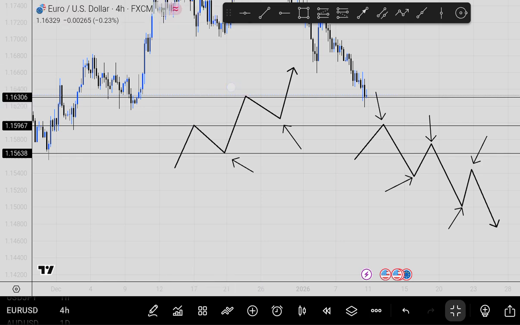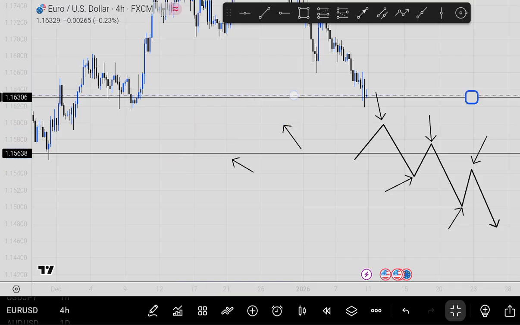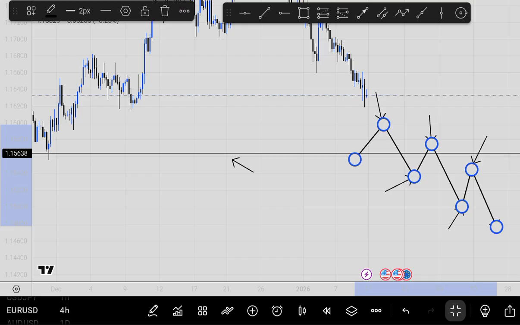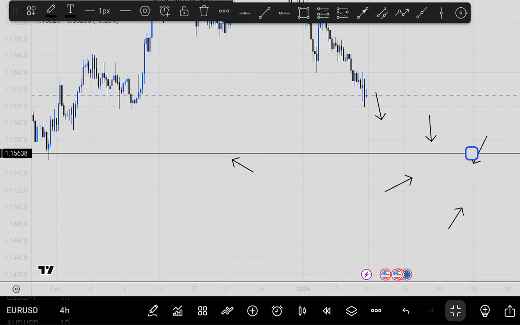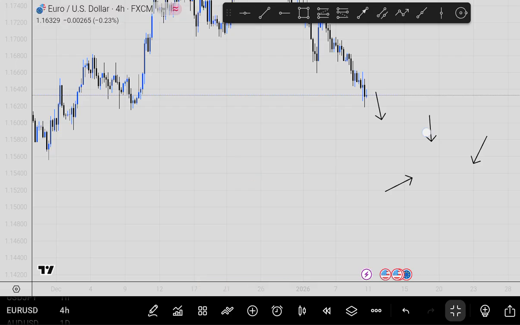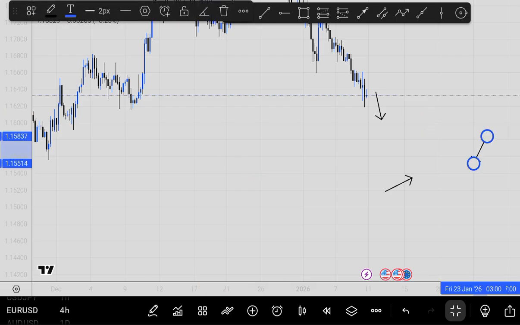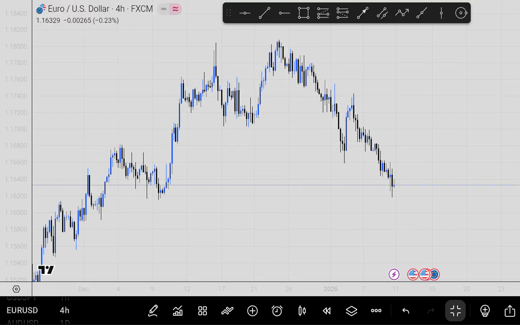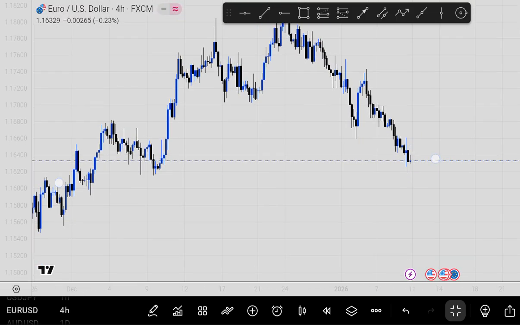Now let's quickly go to the chart so we can identify the support and resistance on our chart. For every single support and resistance, you look for a potential reversal or a potential continuation of the market.